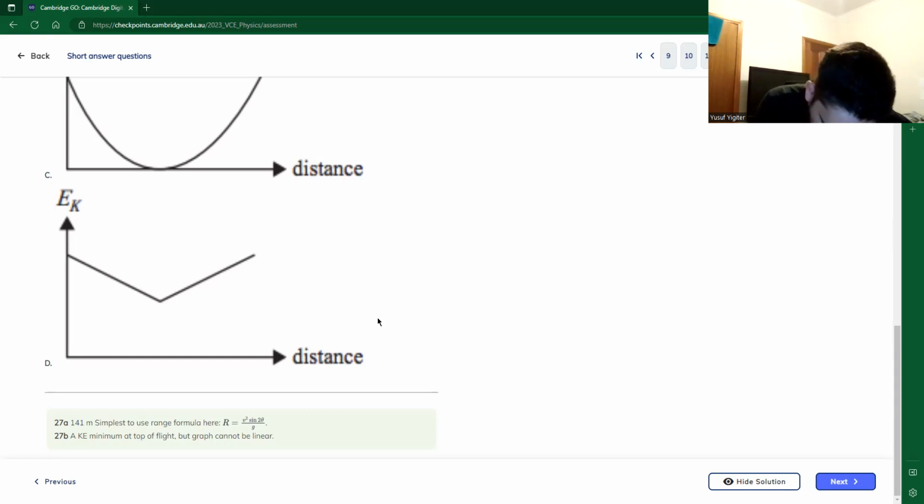Let's say projectile, horizontal. Oh God, I'm wasting so much paper. All right, projectile horizontal.